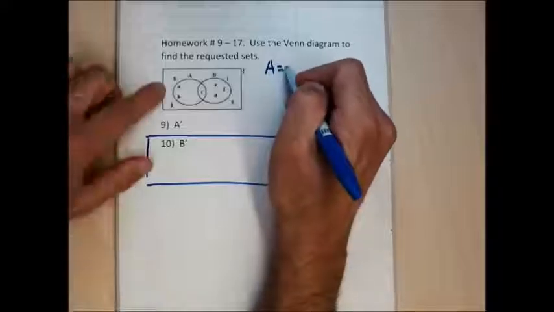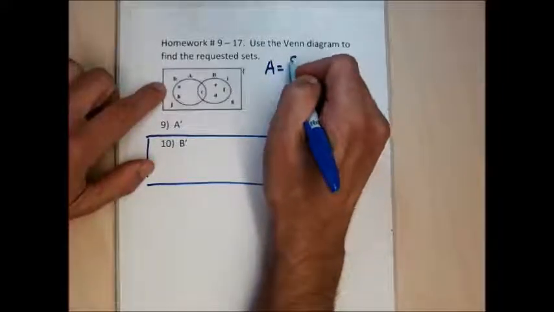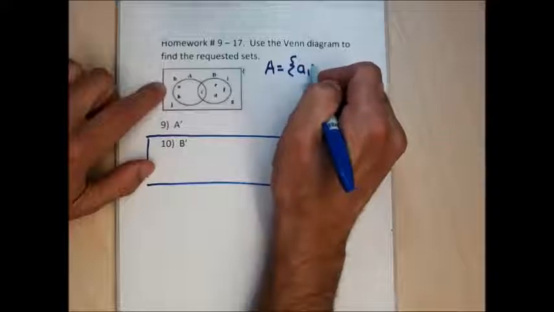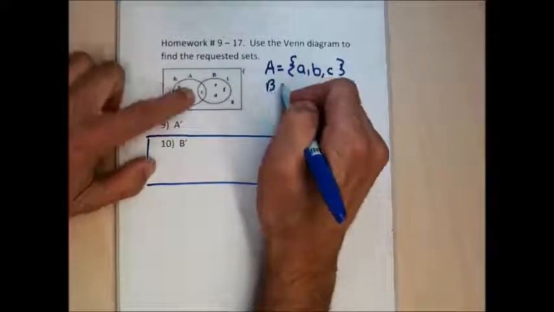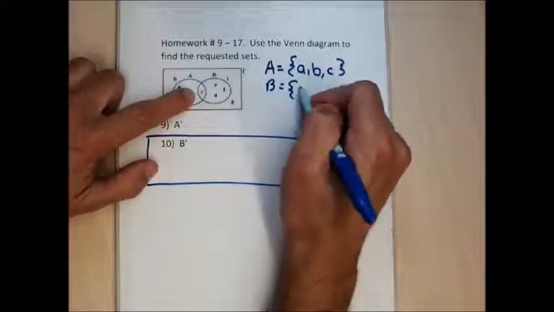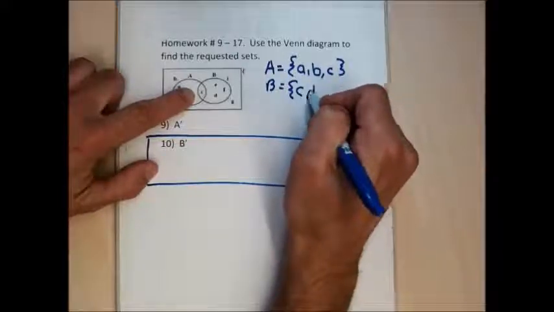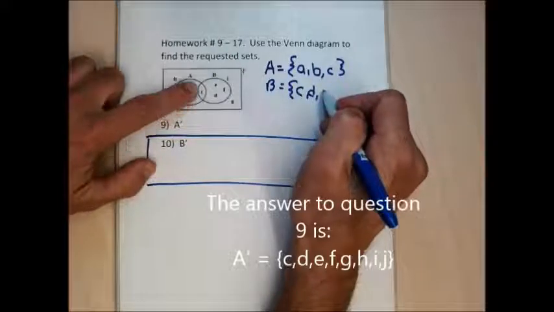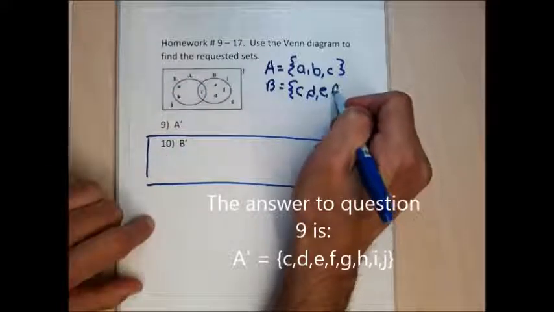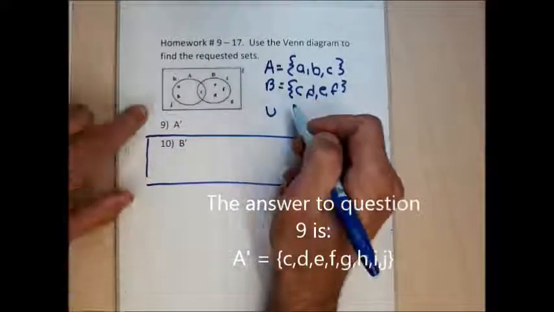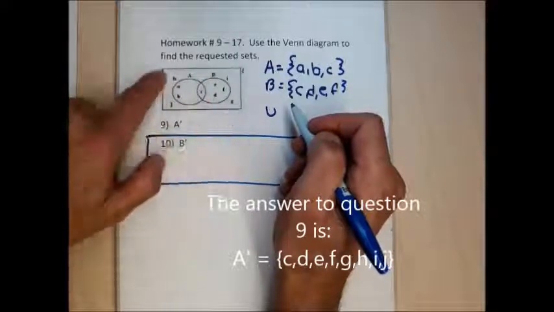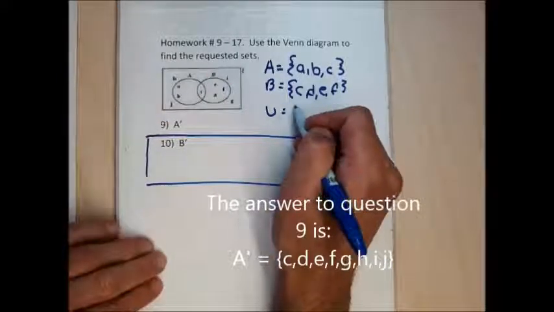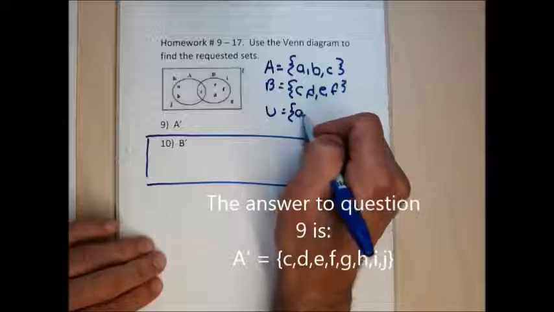Set A, I don't think I need here, but you'll need it for number 9, is a set containing A, B, and C. Set B is a set containing C, D, E, and F. And the universe is A, B, C, D, E, F, G, H, I, J. So all the way from A to J.